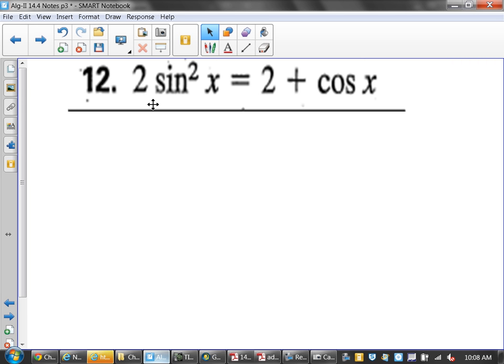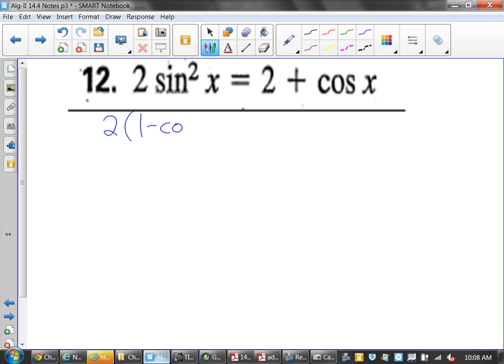What is sine squared equal to? 1 minus cosine squared. So I'm going to rewrite this as 2 times 1 minus cosine squared x equals 2 plus cosine.